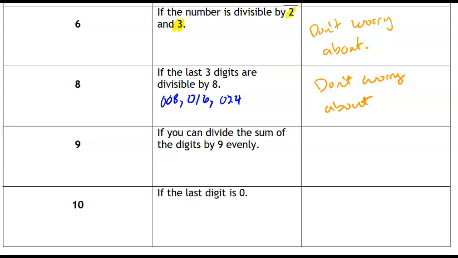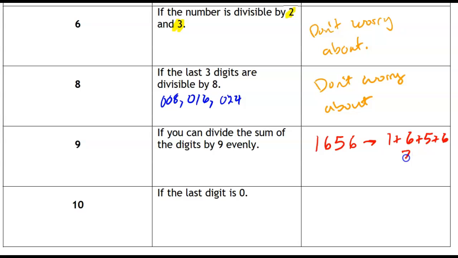9, if I can divide the digits by 9. So if I have, let's see, 1, 6, 5, 6. See if I did that right. So 1 plus 6 plus 5 plus 6.